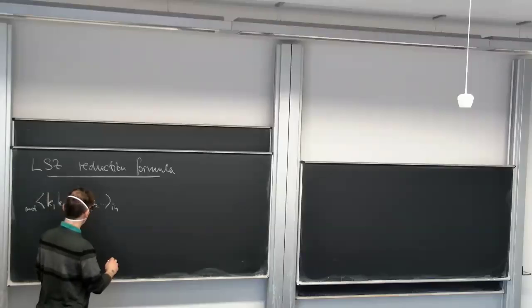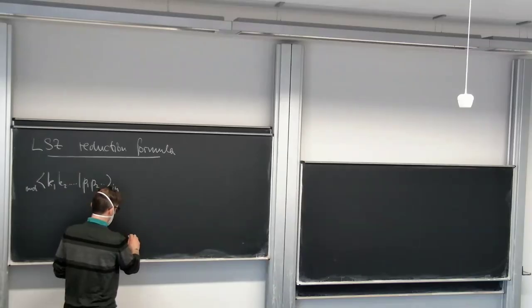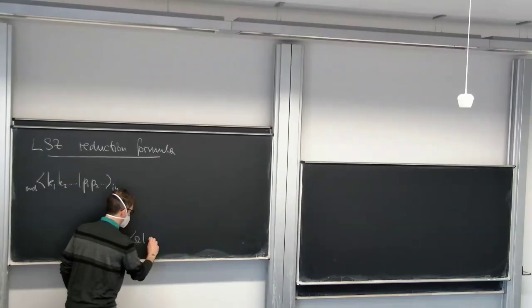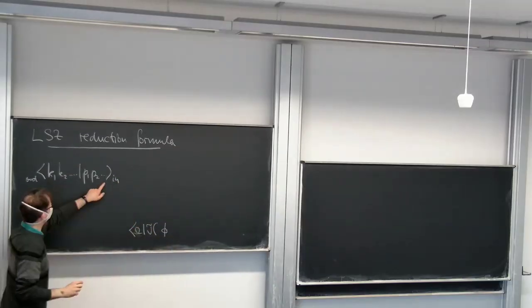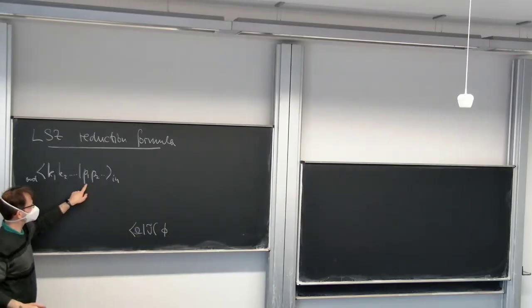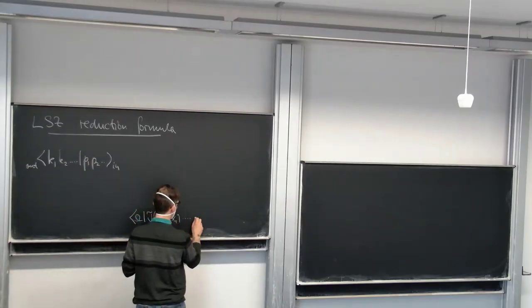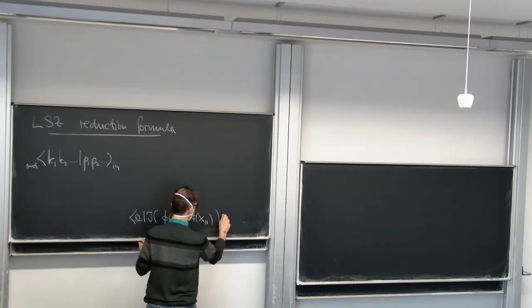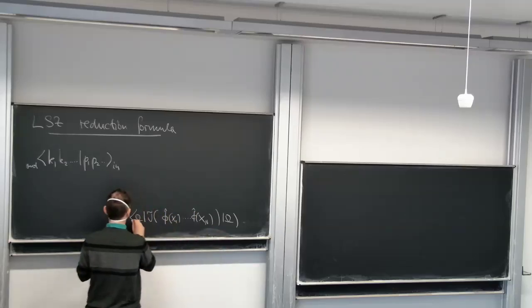And the idea is you will compute the time-ordered vacuum expectation value of a bunch of fields, and you have to take as many fields as you have particles in the in plus the out state, x1 to xn, phi of xn.